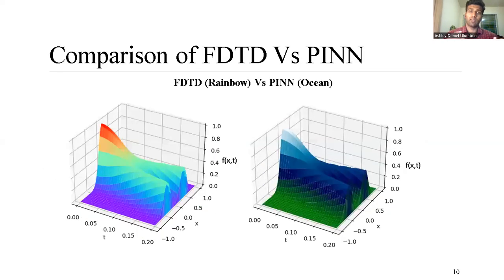And we have compared our PINN model to the traditional finite difference time domain by using synthetic data. So we have generated synthetic data to solve the numerical equation using the finite difference time domain method, and then compared that to our PINN model's result using the same synthetic data.